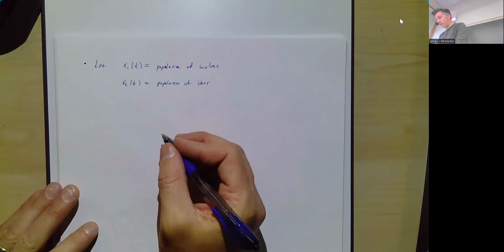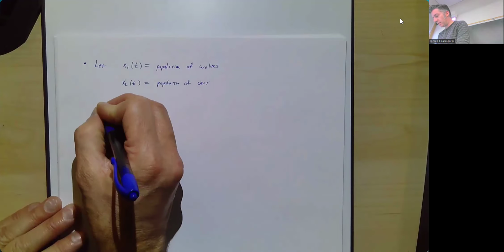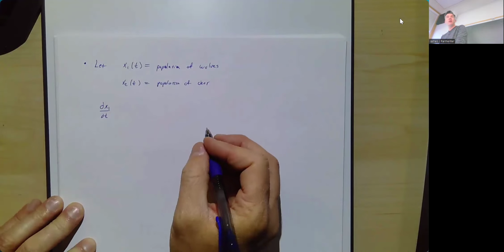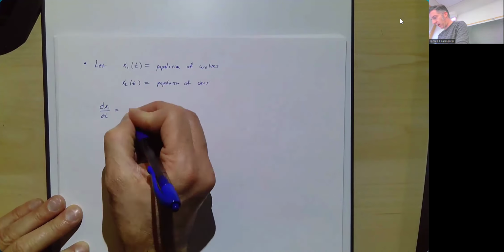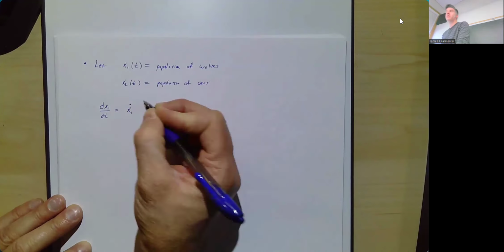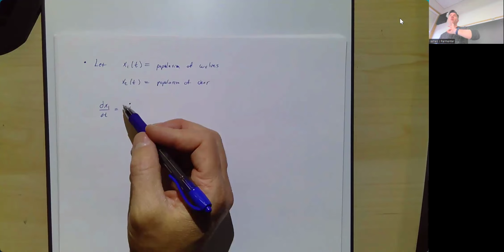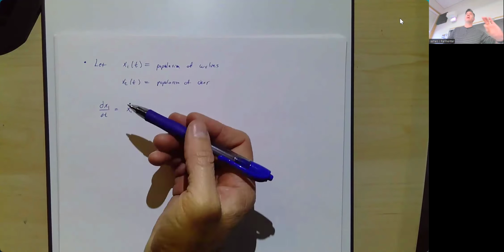And then I would probably generally write dx1 dt for the derivative of x1, but I think your teacher really likes to write x1 dot. Right? That means the same thing. Derivative of your thing with respect to what? Always time. If you're writing that dot notation, it always means the derivative with respect to time.